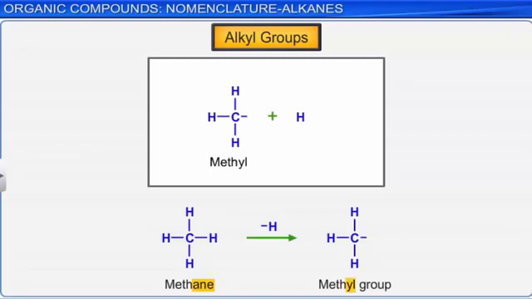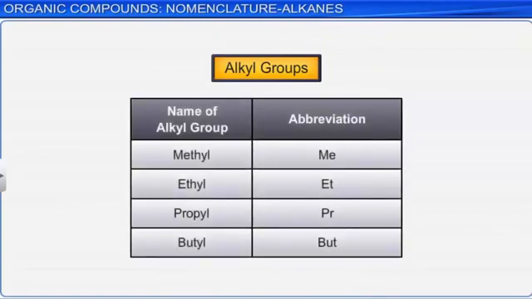Thus, the name of alkyl group of methane will be methyl. At times, abbreviations are used for certain alkyl groups. For example, methyl is abbreviated as Me, ethyl as Et, propyl as Pr, and butyl as Bu.